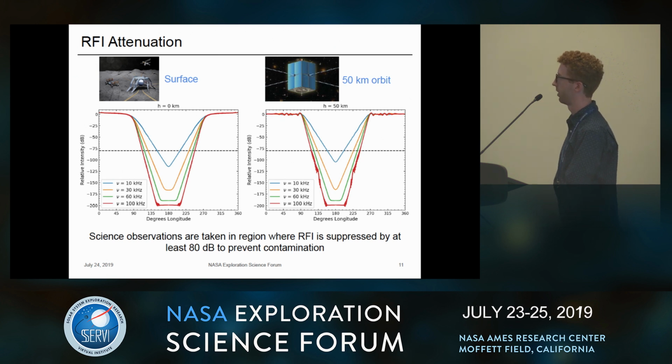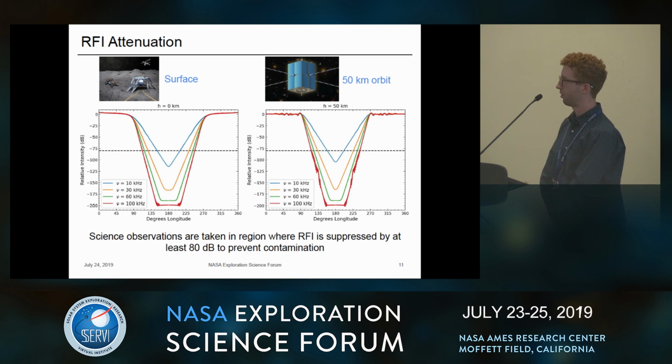So these plots are showing the intensity of the RFI as a function of angle for these two different cases, both on the surface and for an orbit 50 kilometers above the lunar surface. And so these are done for a range of different frequencies. And I'll point out that I've put a dashed line at 80 dB because that's approximately the level of attenuation that we'd like to get to in order to do these sensitive 21 centimeter observations.